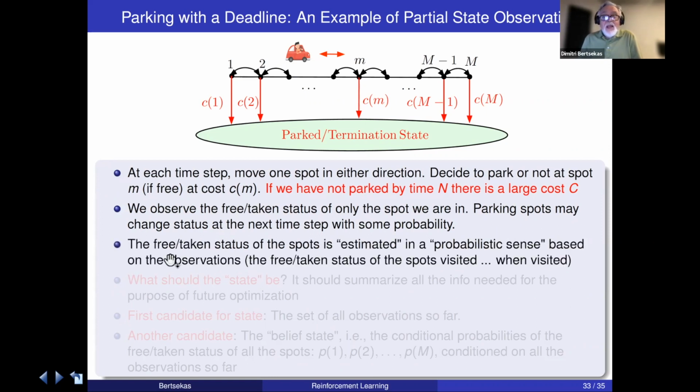However, the status of the spots can be estimated in some probabilistic sense based on the observation. We observe some parking spaces, and we have these probabilities by which the status of the spaces change. So we can construct a probability distribution for the entire parking lot of free and taken spots.